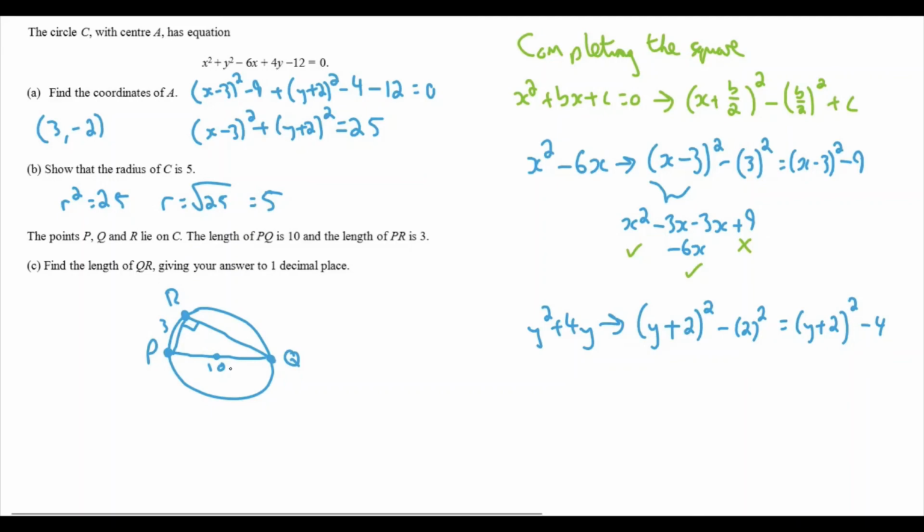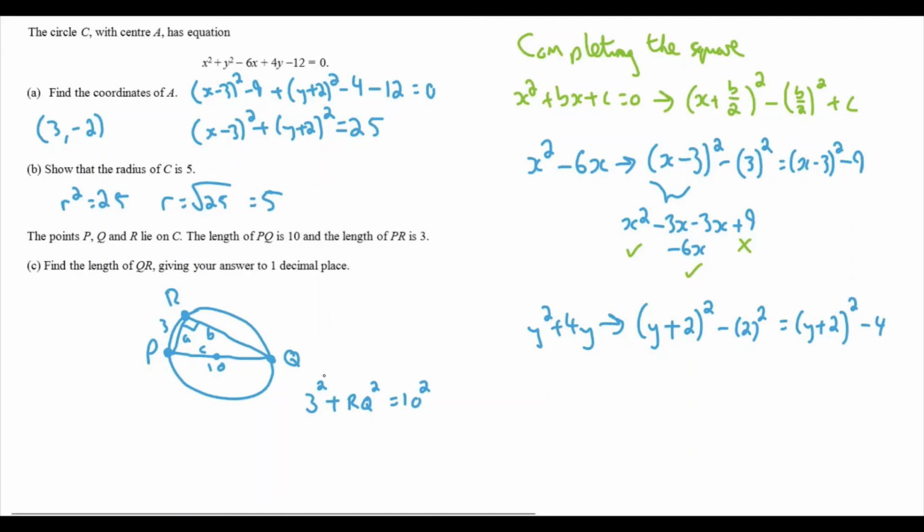So, if we definitely have a right-angled triangle, and we know 2 of the sides and want the third, we can now employ Pythagoras' theorem, that your a squared plus your b squared equals your c squared. The c having to be this long side here, the a and the b being either way around. So your 3 squared plus your RQ squared equals 10 squared.